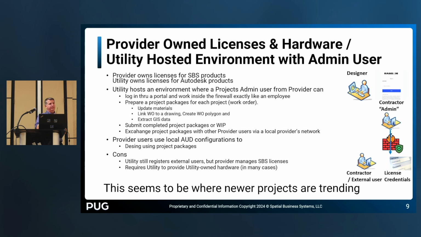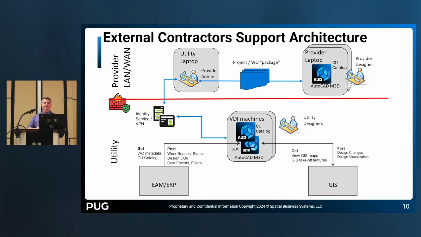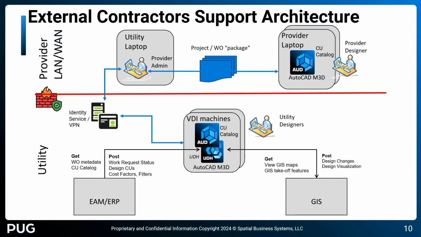Actually, Jim, the next slide explains the concept. So everything you tried to explain with your hands is on the diagram. Right. The important part, as Jim stressed, is that on the provider side there are only a few users declared to be administrators, and they need access and to be registered users on site with a specific utility.